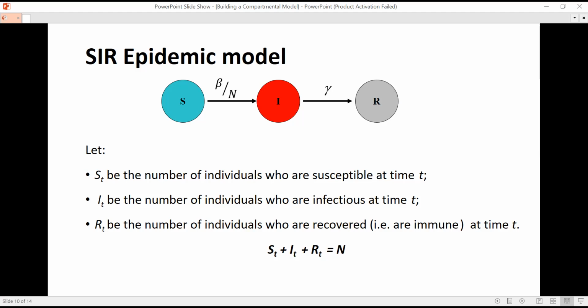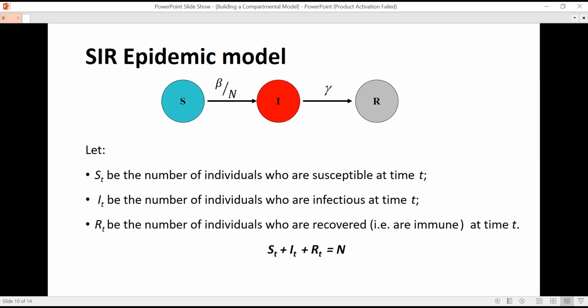So in this population, you can either be susceptible, infected, or have recovered from the disease. In this whole population, you definitely fall in one of the 3 compartments. Therefore, here we say that the total population N is a summation of those who are susceptible at that specific time, plus the infected at that time, plus the recovered at time t, that makes up the total population.